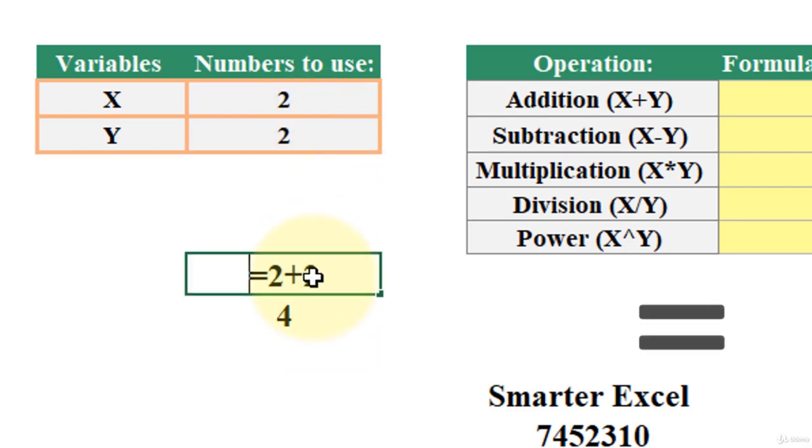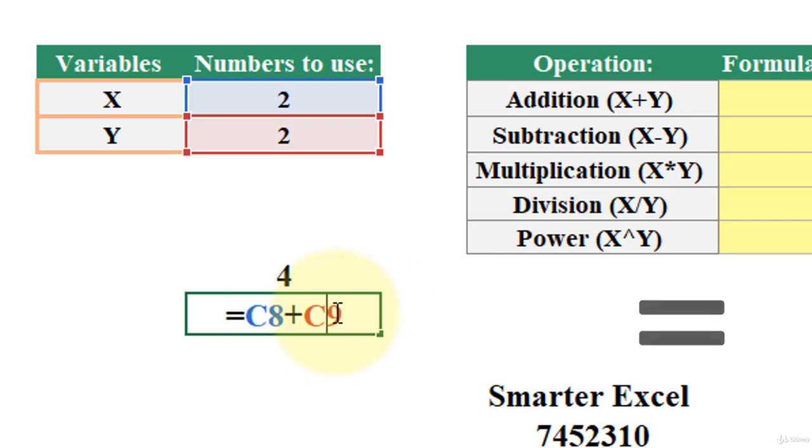The first 4 is static, can't be changed, because it consists of two constants. However, the second formula consists of two cell references. Once you change only one reference, the final result will be updated automatically.